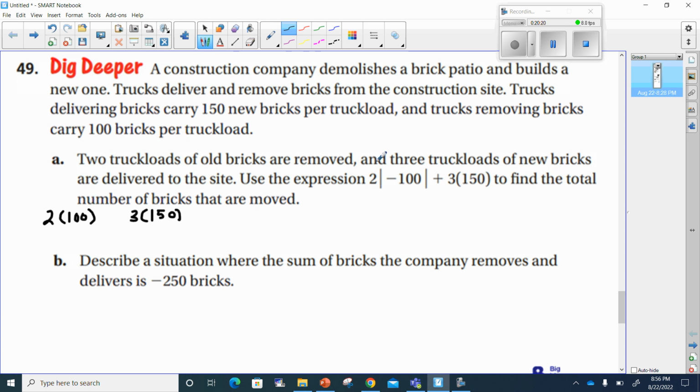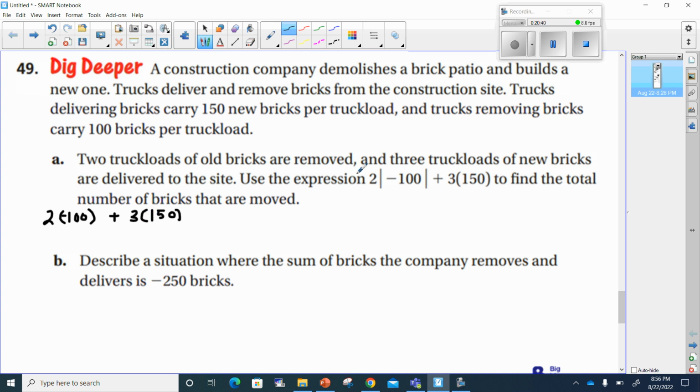All right. Let's see. Use the expression 2 times negative 100, and that's removing bricks, right? Negative 100, plus 3 times 150. So I guess we're adding these together. They're telling us to use this to find the total number of bricks that are moved.